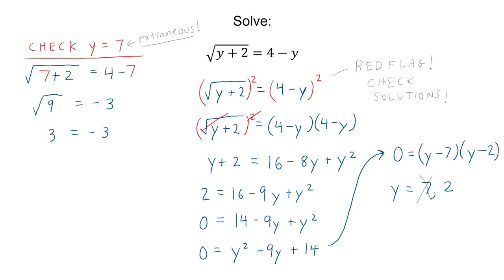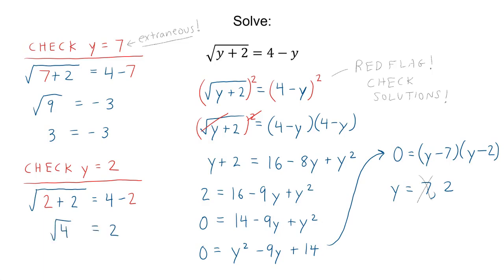Now let's check y equals 2. That gives us the square root of 2 plus 2 on the left and 4 minus 2 on the right. Simplifying both sides gives us the square root of 4 on the left equals 2 on the right. Now remember, on the left, square root of 4 means the principal root of 4, or the positive root of 4.